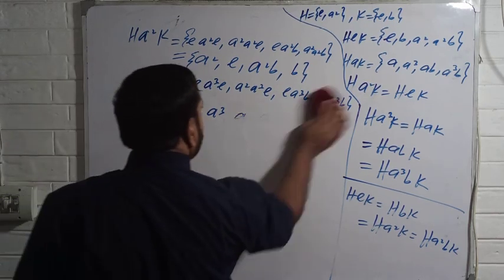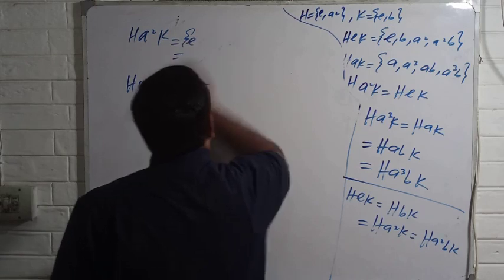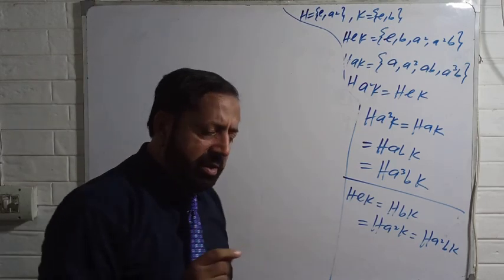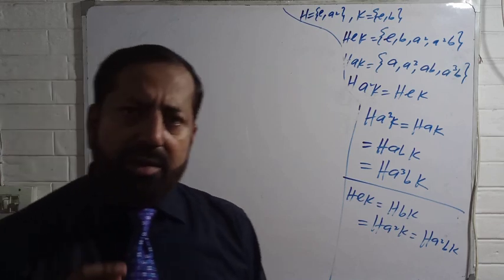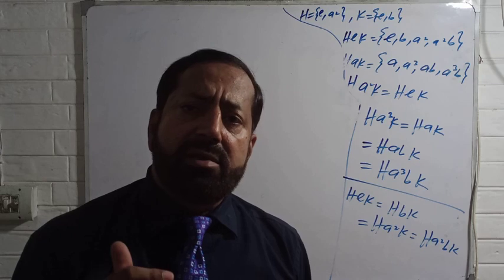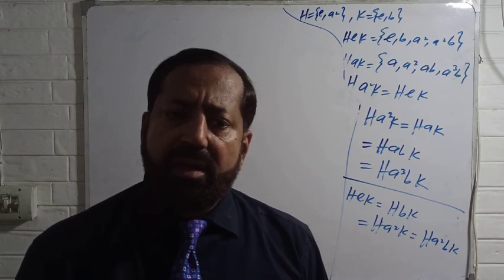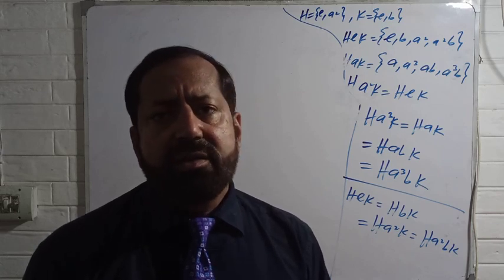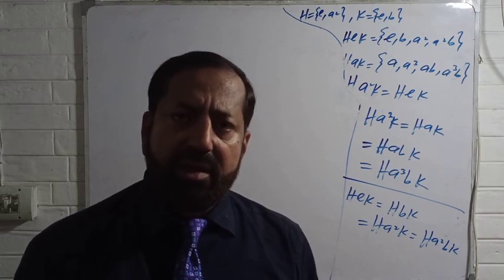Remember, the relation of being a double coset is also an equivalence relation, and whenever you are defining an equivalence relation on a given set, that relation always defines a partition of that set.